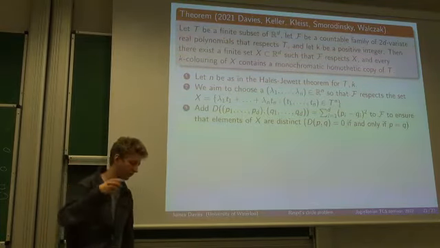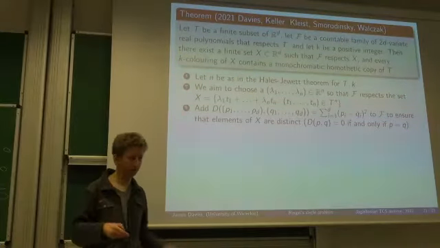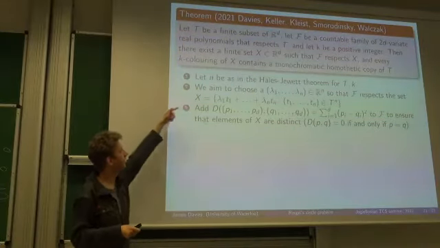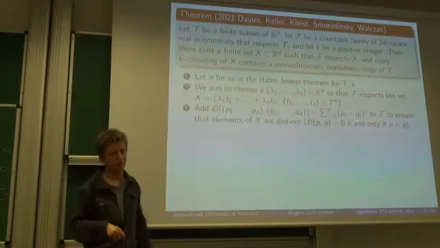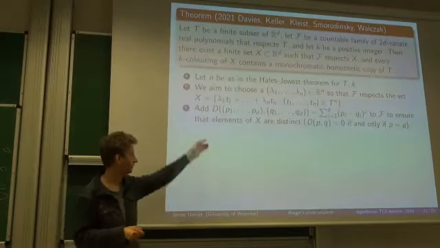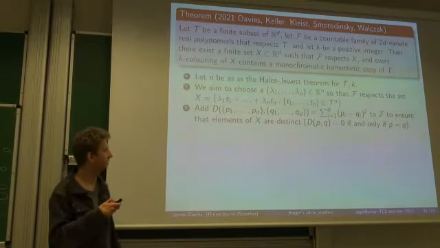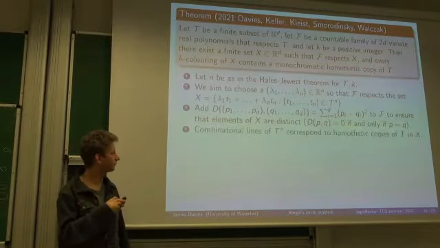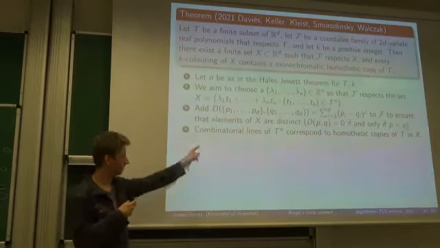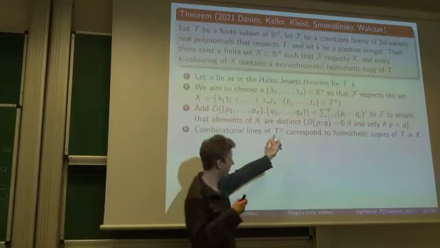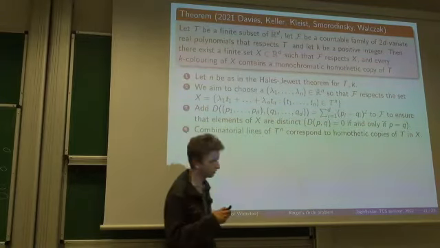So if we respect our set X we get out, then that just means they're distinct, and this will then mean that going back and forth between X and a hypercube is bijective. So you don't have to worry too much about this. Slight technicality. But once you have this property, we again have the same thing that combinatorial lines in a hypercube correspond to homothetic copies.